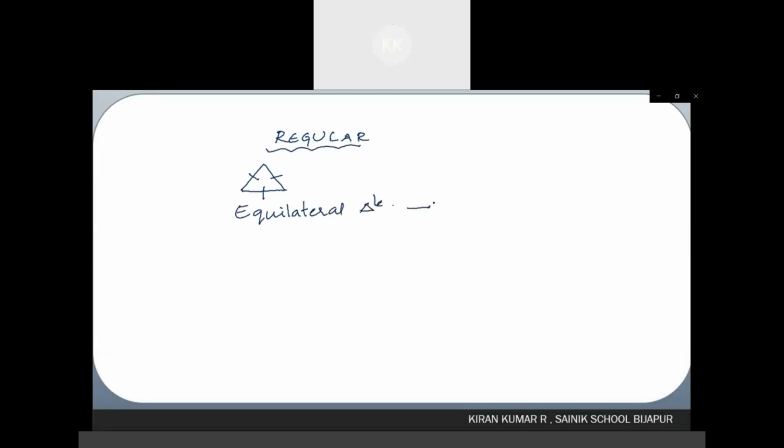This is a regular triangle. If you have a square, all the four sides are equal, it is called a regular quadrilateral.